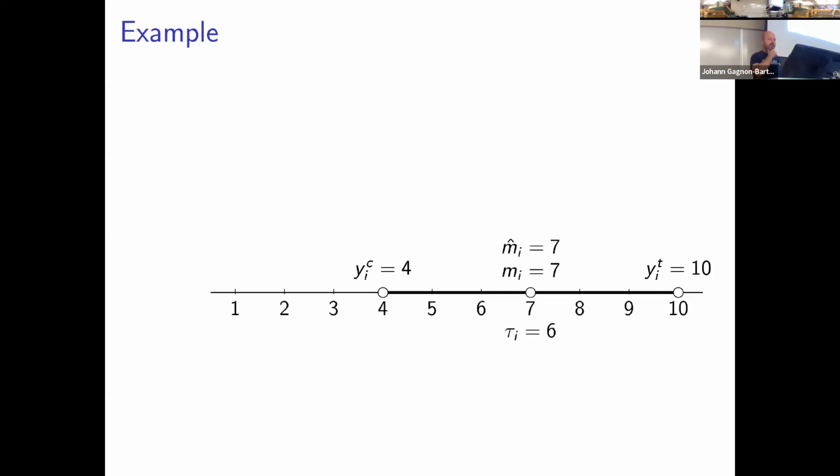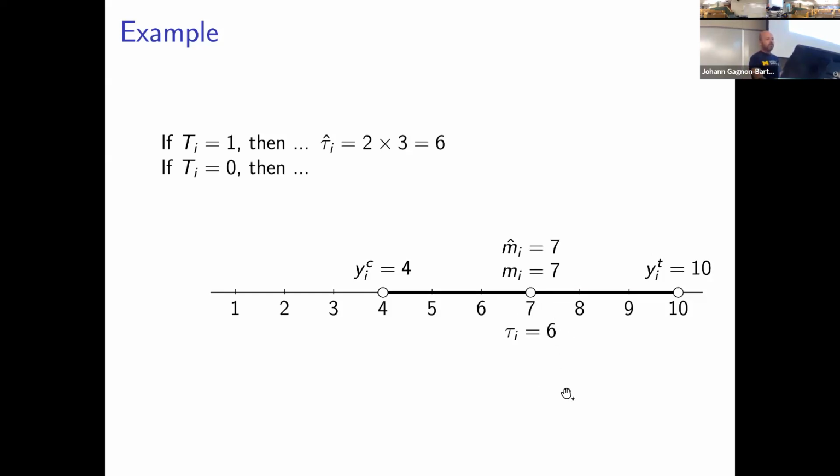Suppose we were somehow able to estimate this M_i exactly, and we said that it was 7. Then if we end up in treatment, we get to observe this treatment potential outcome. We see that difference of 3. We double it and come up with an estimate of 6, which is right.